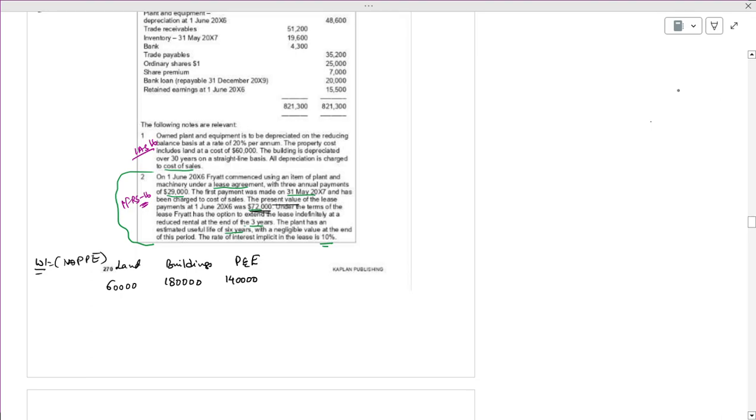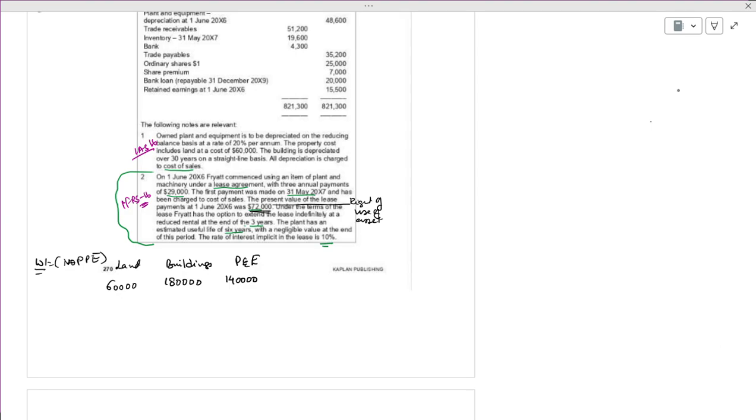When you have the present value of the lease payments, it is called the right of use asset. You are paying 72,000, which means you have control over the asset to the extent of 72,000.